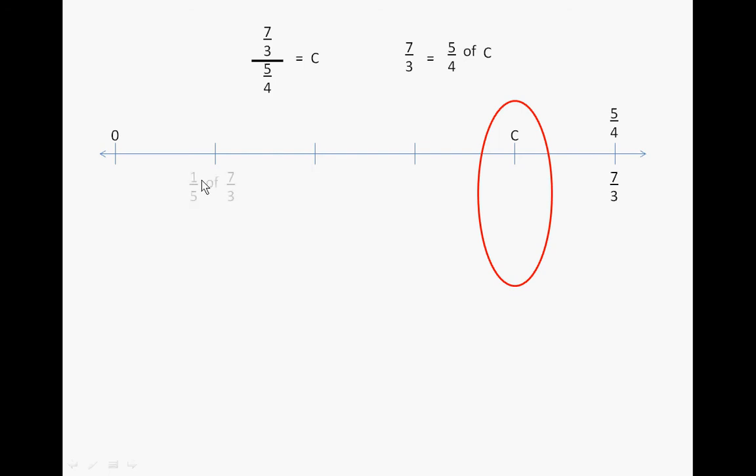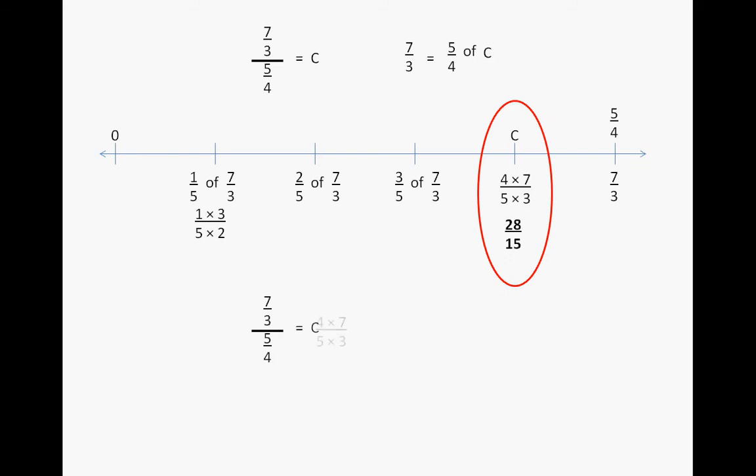So this would be 1/5 of 7/3, which is the same as 1/5 times 7/3. Then 2/5 of 7/3, 3/5, and then 4/5 of 7/3, which is the same as 4/5 times 7/3. When you multiply that, you get 28/15. So our answer is 28/15.